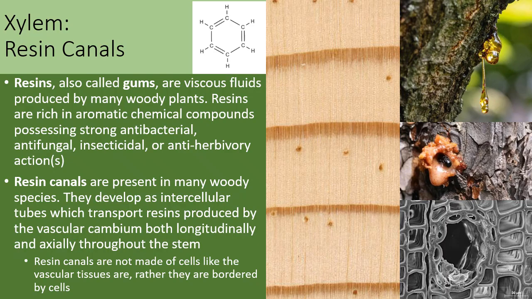Living cells secrete the resin into resin canals. These resin canals are not really vessels because they're not made of cells themselves. They're just bordered by cells. So they're basically tunnels that the tree has in its wood specifically for transporting resins.